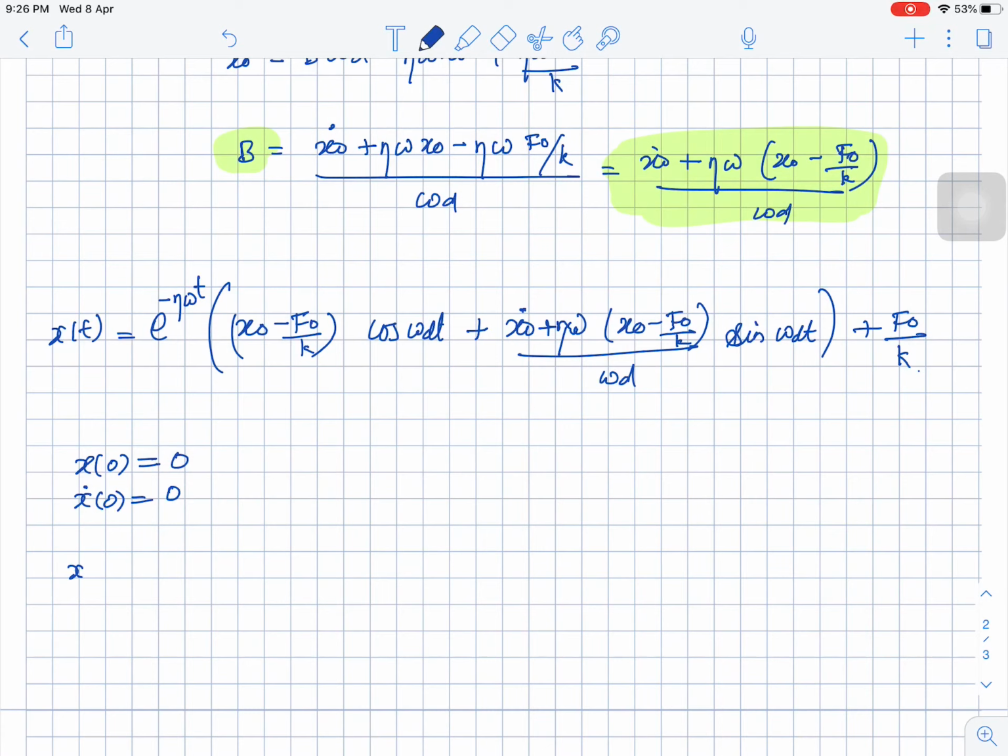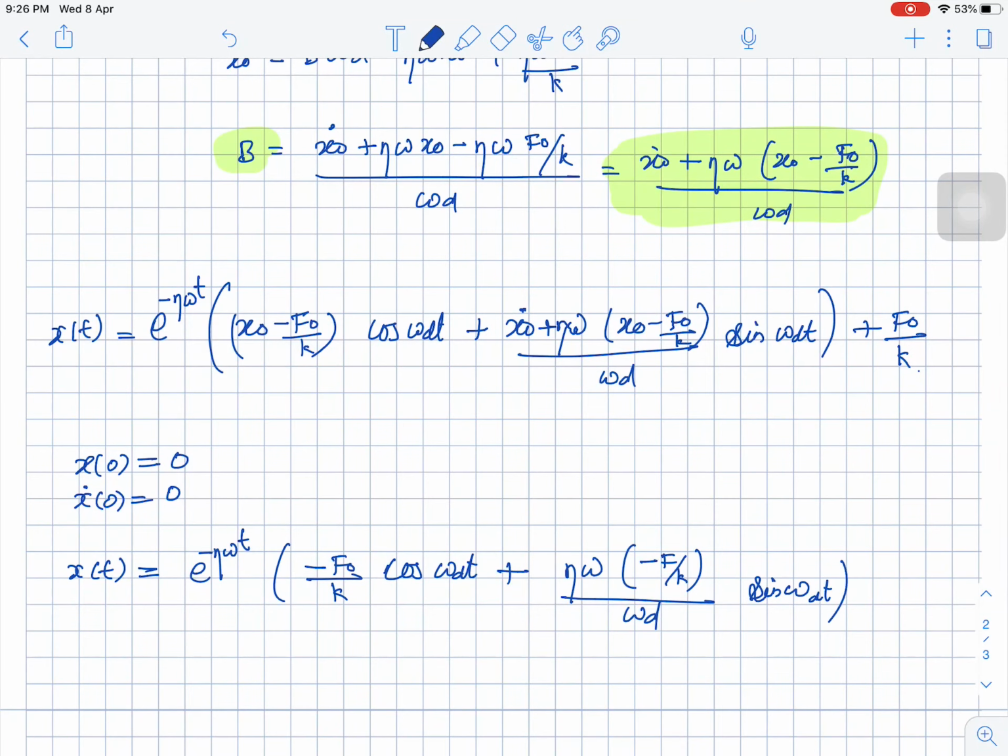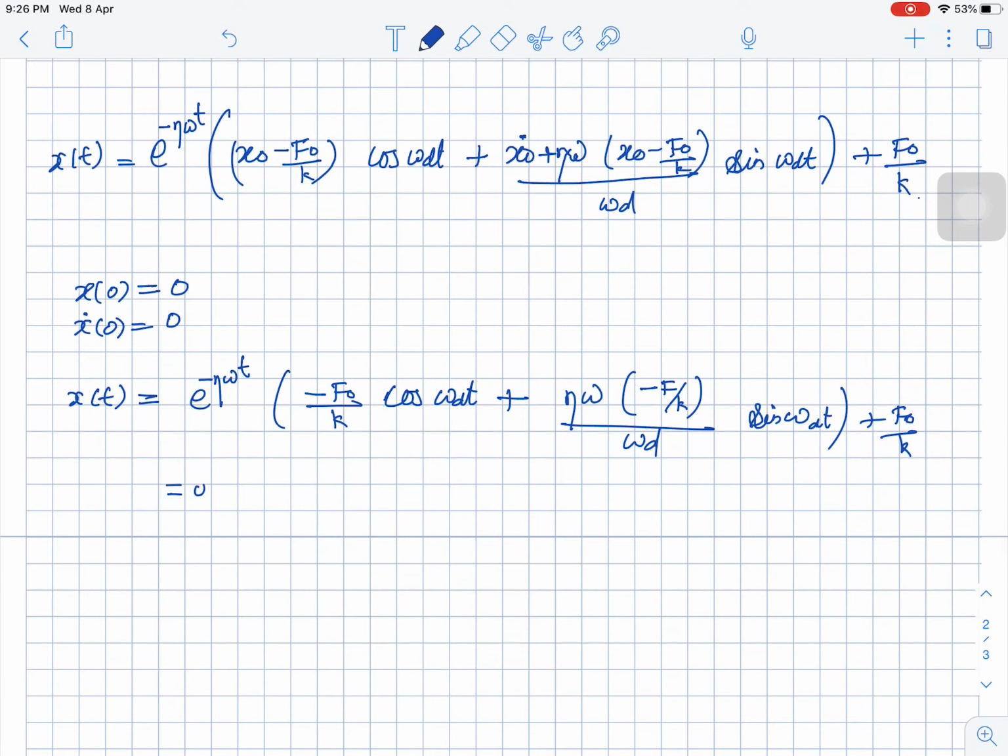This makes the equation e power minus zeta omega t, minus f naught by k cos omega d t, plus zeta omega minus f naught by k divided by omega d, sine omega d t, plus f naught by k.